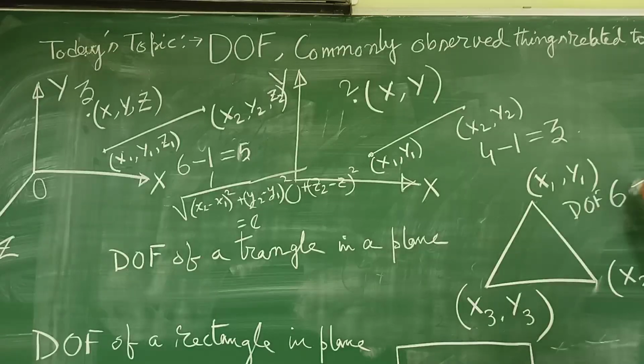Let us identify them. These lengths are going to be the same, so if you mark them as points A, B, C, the AB length is not going to change, that is one constraint, minus the BC length is not going to change, minus the CA length is not going to change. So you essentially have 3 degrees of freedom.